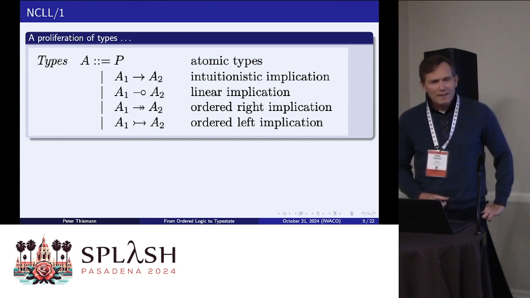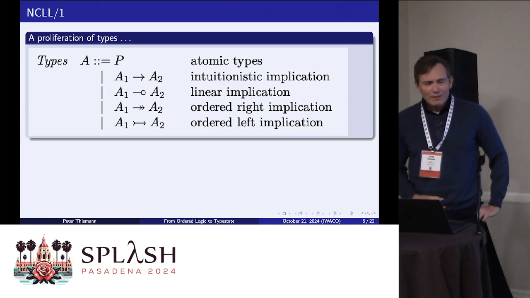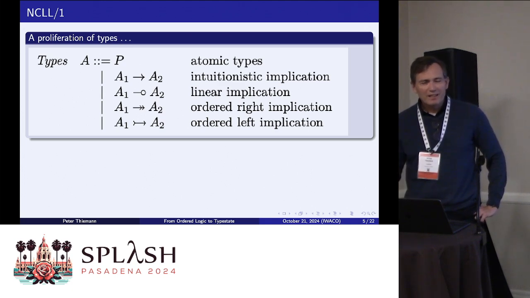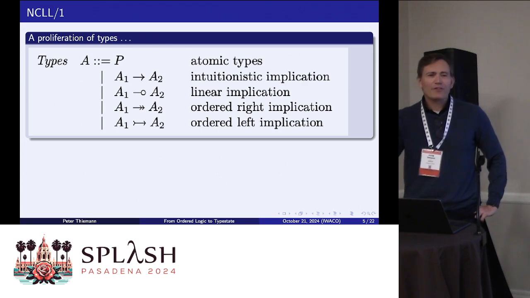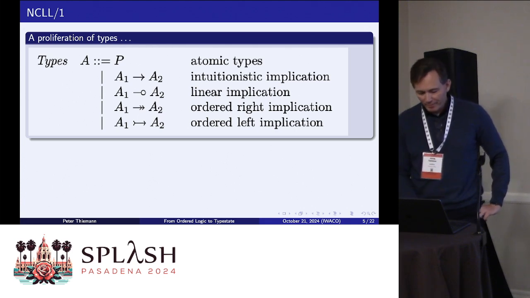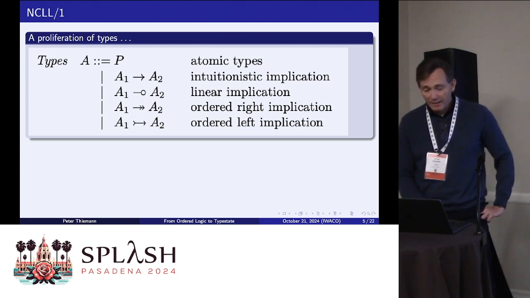Now, what does this give you? Actually, it gives you a proliferation of types. So you don't have just one implication. You have 4 of them, right? So now I'm quoting from the Polakow and Pfenning paper. They make a distinction.